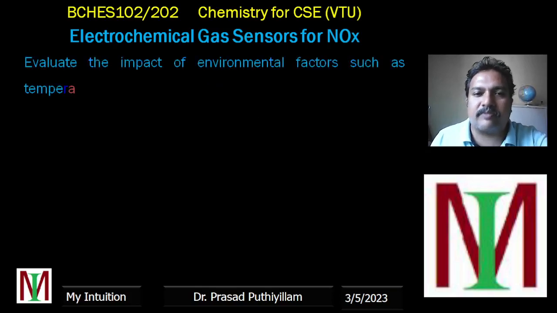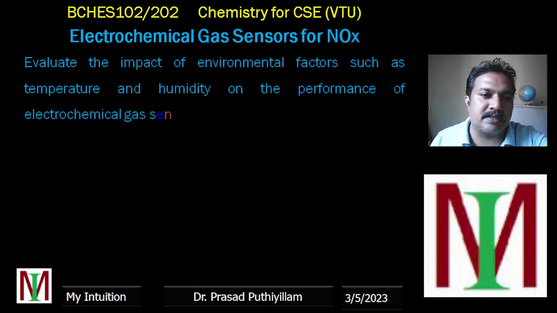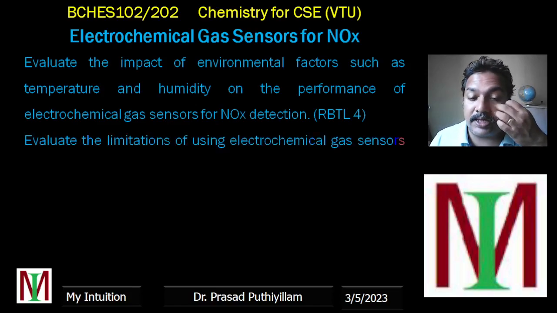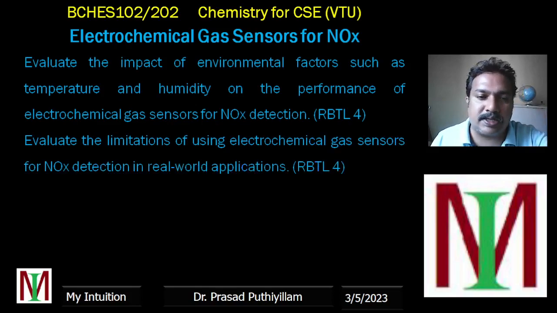Evaluate the impact of environmental factors such as temperature and humidity on the performance of electrochemical gas sensor for oxides of nitrogen detection. Evaluate the limitations of using electrochemical gas sensor for oxides of nitrogen detection in real world applications.